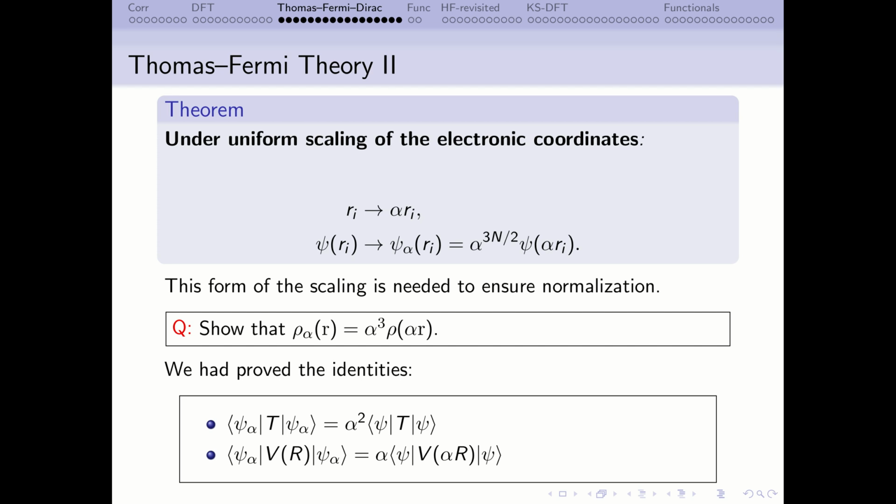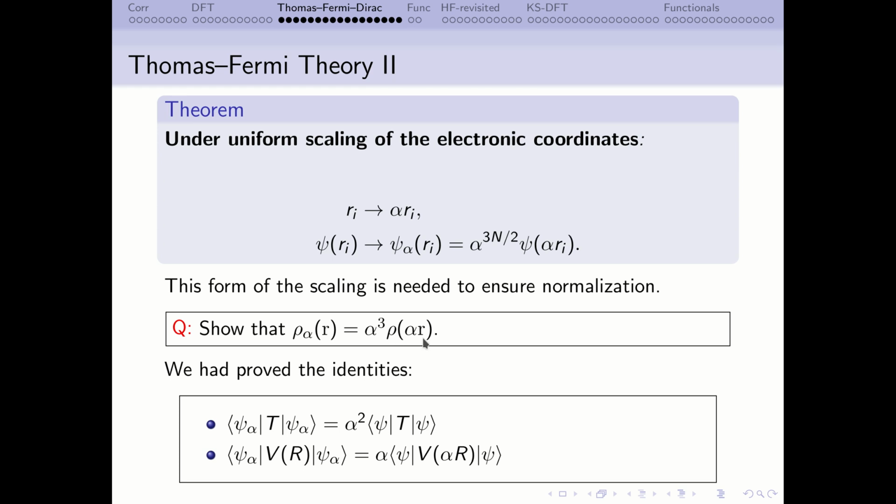What about the nuclear coordinates? They are not scaled. Now in my earlier lecture notes I've shown you why this choice of psi alpha leads to a fully normalized psi alpha for any choice of alpha, so that's why we use it. And we also showed this result here, and I'd like you to go back and show it for yourself, that if psi alpha is defined as shown here, then rho alpha, the density that arises from psi alpha, will be given by alpha cubed times rho of alpha times r.